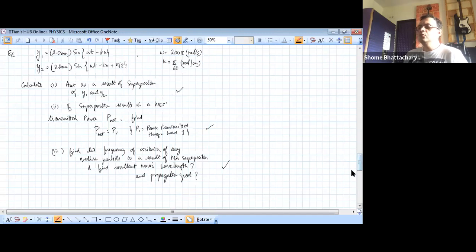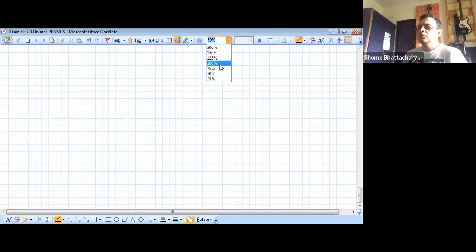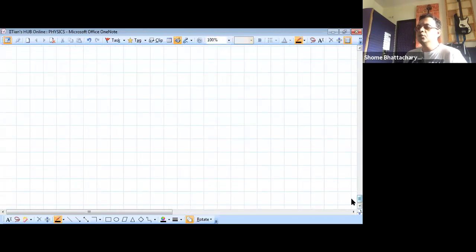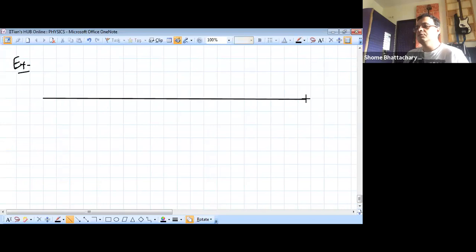Now we come to the more typical type of question where there is more calculation we have to do. It's not so formula based. We have to do more of an understanding based or a derivation based kind of thing. So a situation which looks more like a physical example, what is actually happening. So we have a very long string extending from x equal to 0 to x tending to infinity on this side.